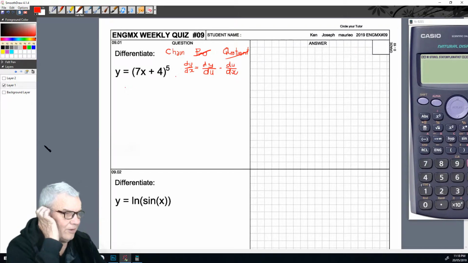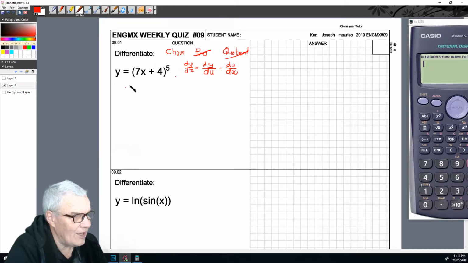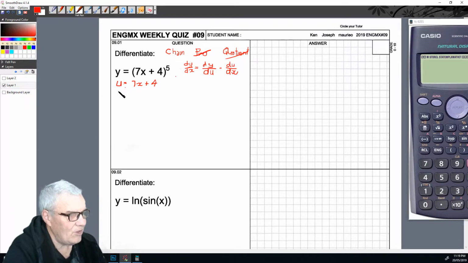Okay, so we know what y is. We're going to make u equal this little bit here, 7x plus 4. And therefore y now equals u to the power of 5.